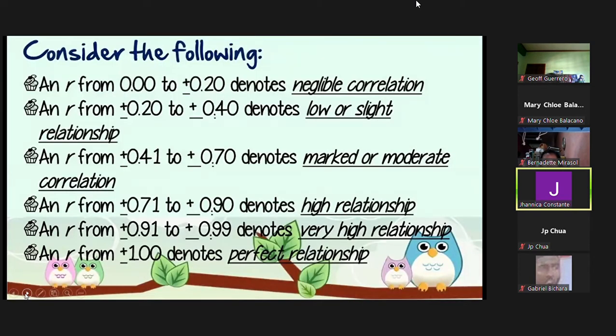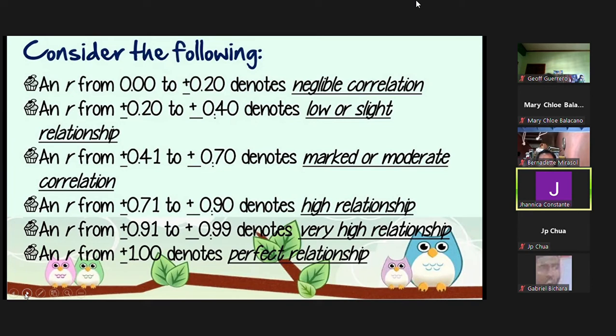If the r is from 0.00 to positive or negative 0.20, it denotes a negligible correlation. If r is equal to positive or negative 0.20 to positive or negative 0.40, that denotes a low or slight relationship.